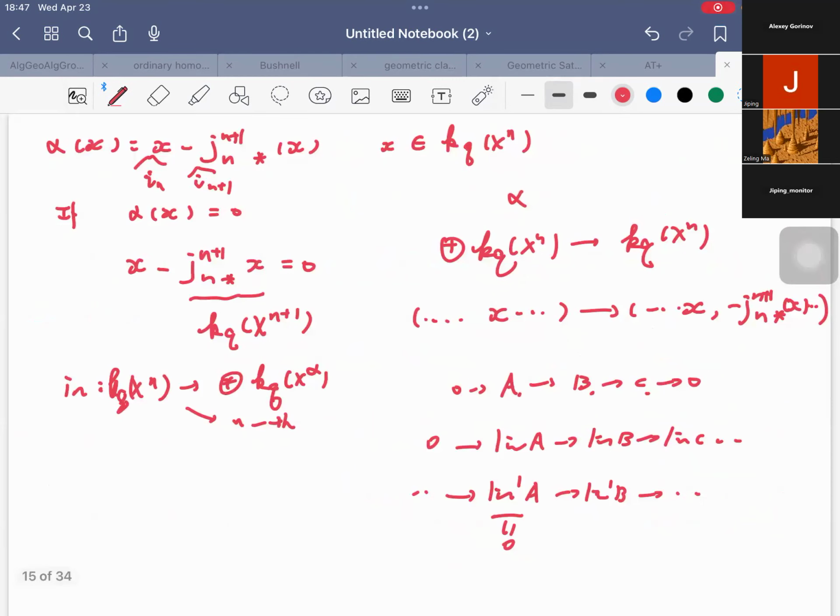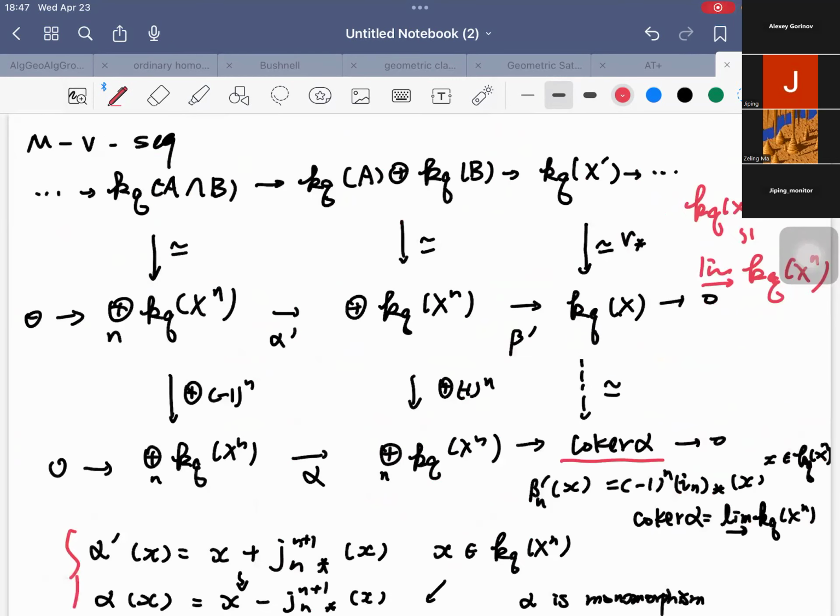So this all was to prove something about the homology of a complex and the homology of a skeleton. So far, everything works for an arbitrary increasing sequence of subcomplexes labeled by natural numbers.